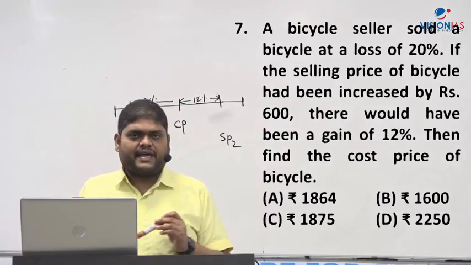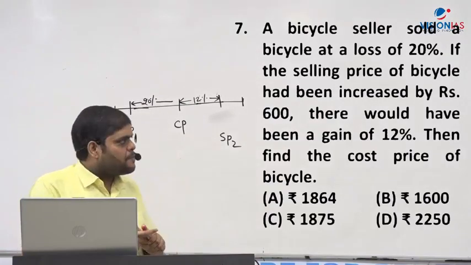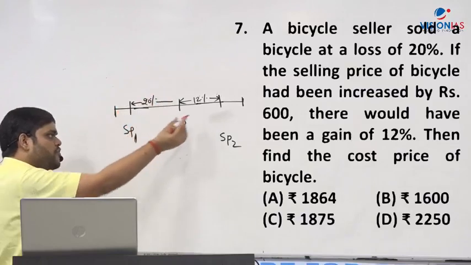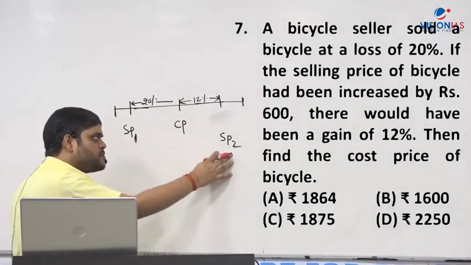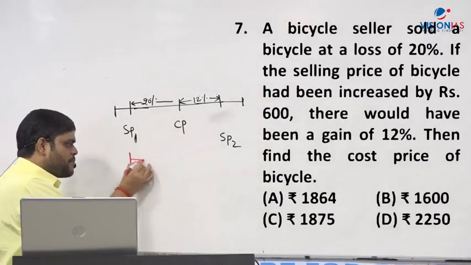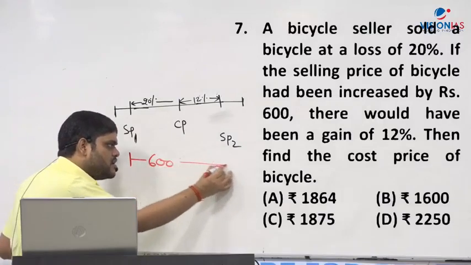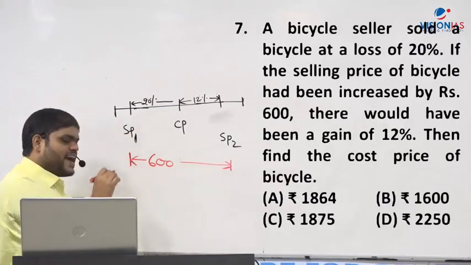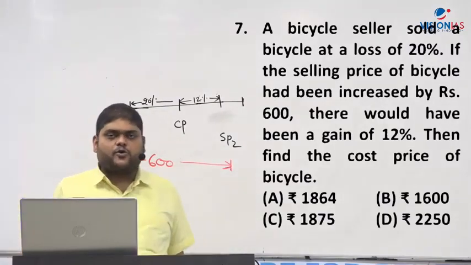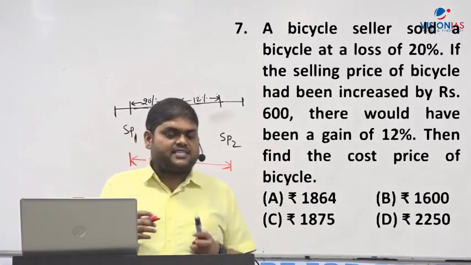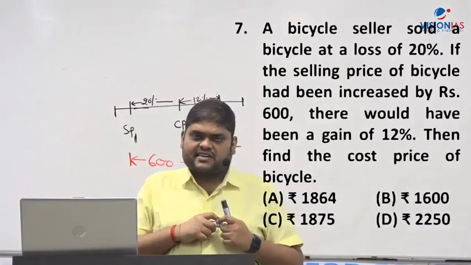And now tell me, why did this miracle happen, from loss to profit, from SP1 to SP2? Because the price is increased by 600 rupees.